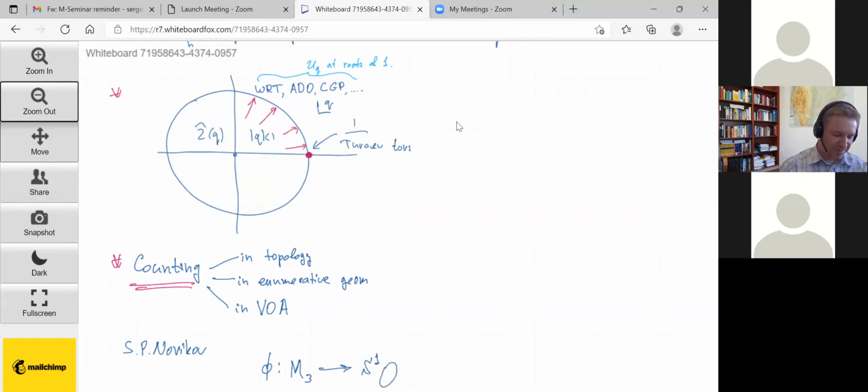And we want to count, so that's where the counting comes from, gradient flow lines of such a circle-valued Morse function.